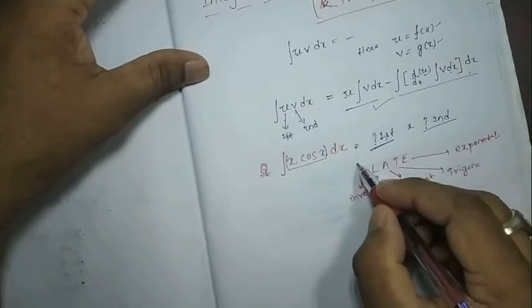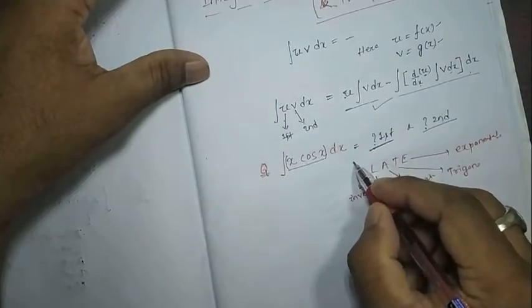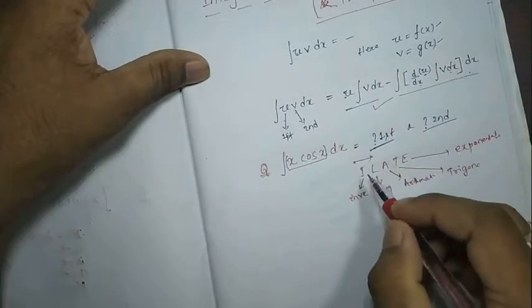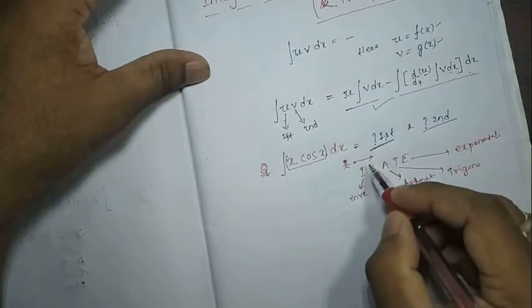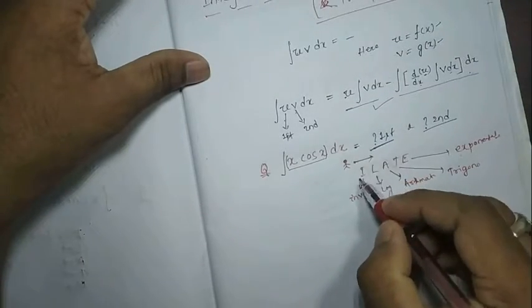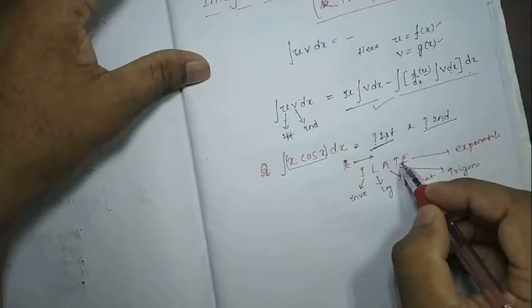So if somebody moves from left to right, then that person is going to encounter first I, then L, then A, then T and E.